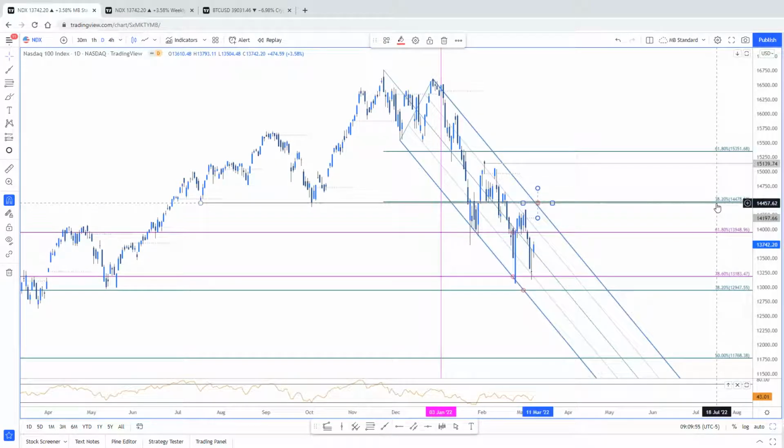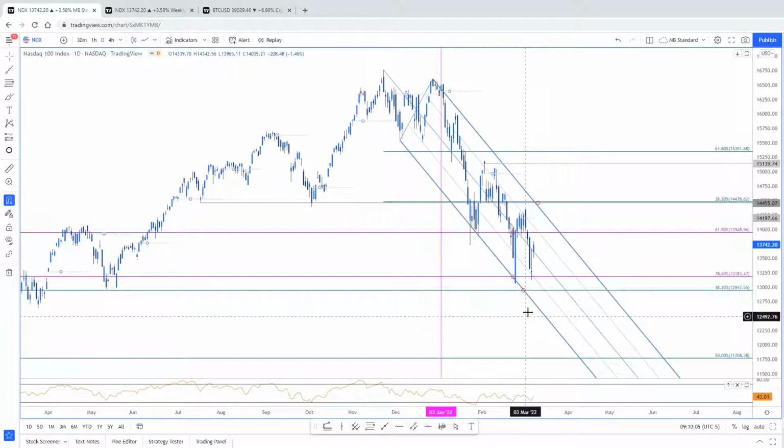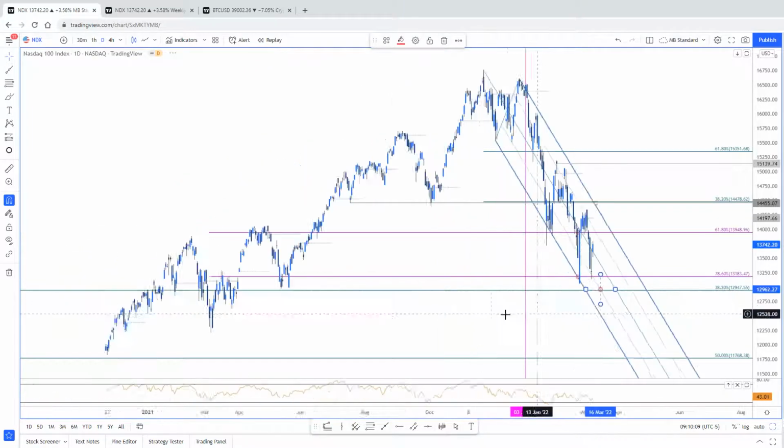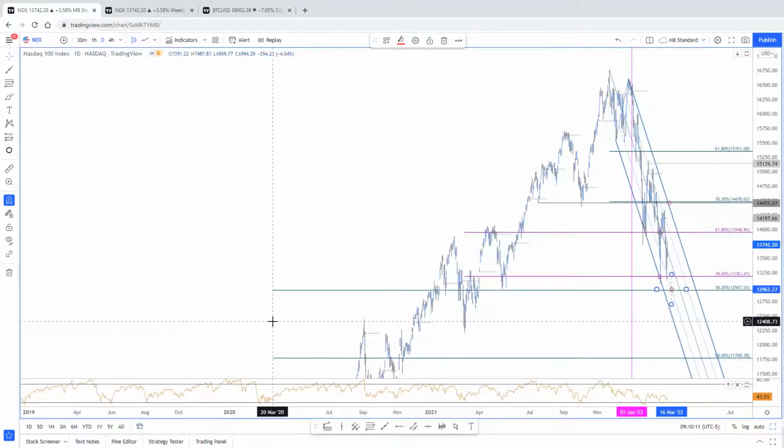Bearish inval, 14,450 basically. Okay, so initial resistance, bearish inval, a break lower, you're looking for 12,947. That's absolutely critical. Basic 38.2, the entire advance off the lows you made in 2020.